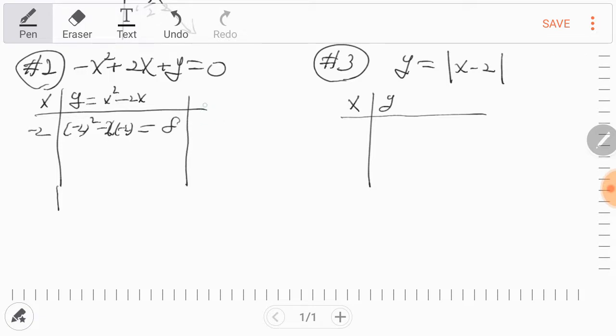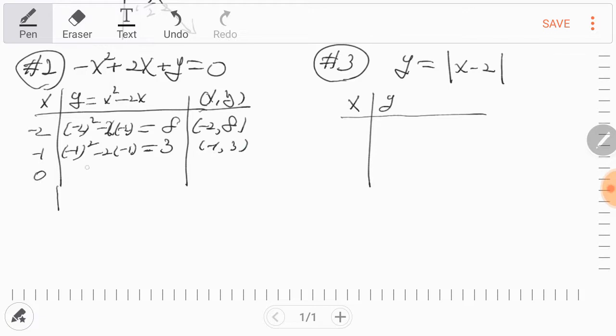So the xy coordinate is x equals -2, y is 8. Okay, x equals -1, then -1 squared minus 2 times -1, so that is equal to 1 plus 2, 3. So x equals -1, y is 3.